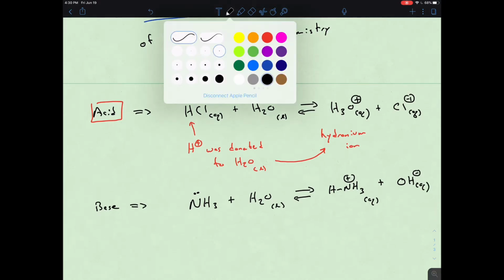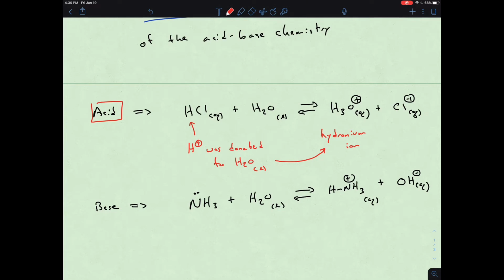Here the H2O is actually donating a proton, and that's being donated to the ammonia.